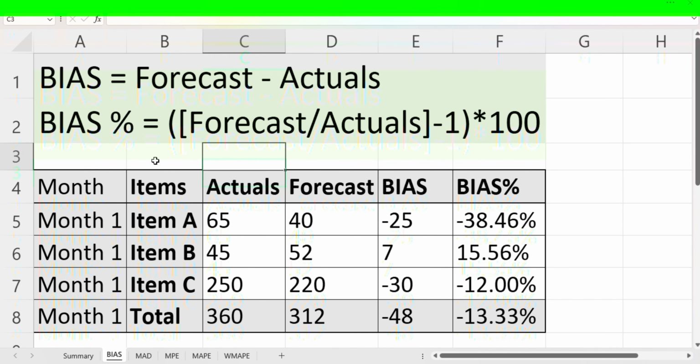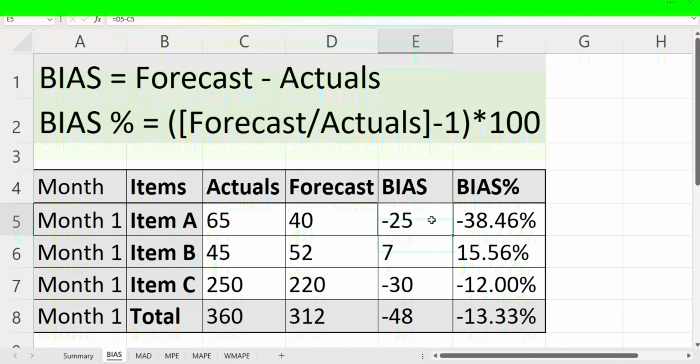Let's start with bias. You see the formula on your screen that says bias equals forecast minus actuals. And you also see the bias percentage: forecast divided by actuals minus 1, times 100, that gives the bias percentage. I put down this table for items A, B, and C for a given month. I have the forecast listed here and the sales actuals.